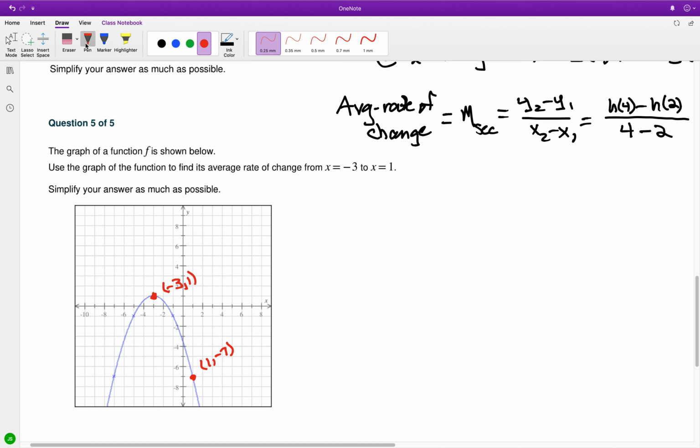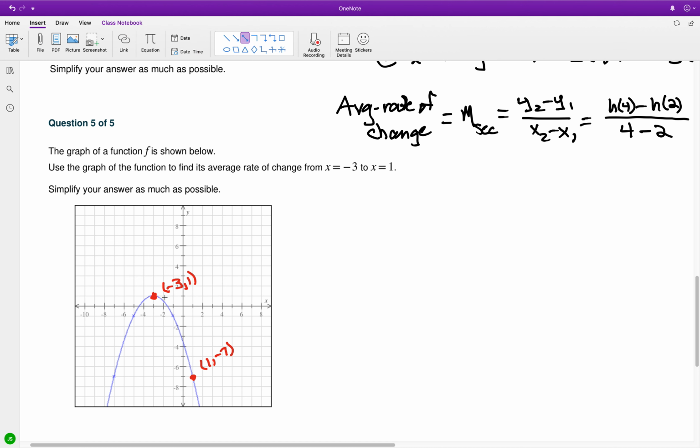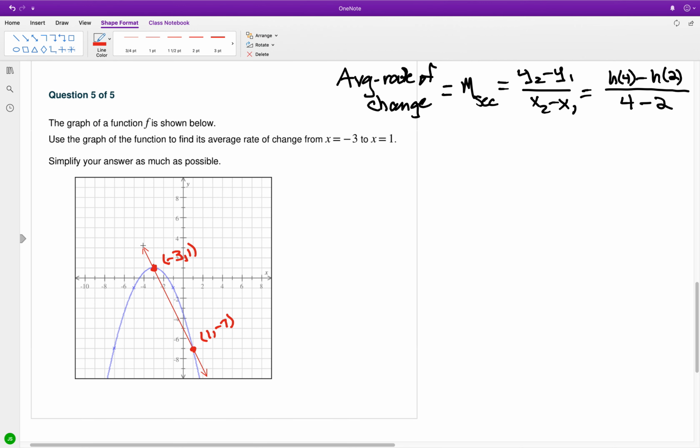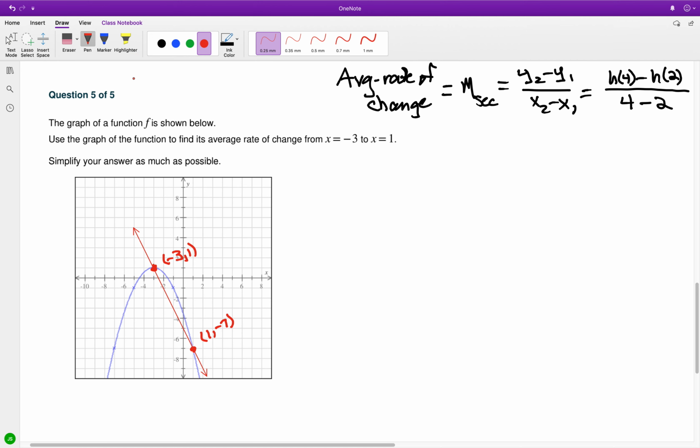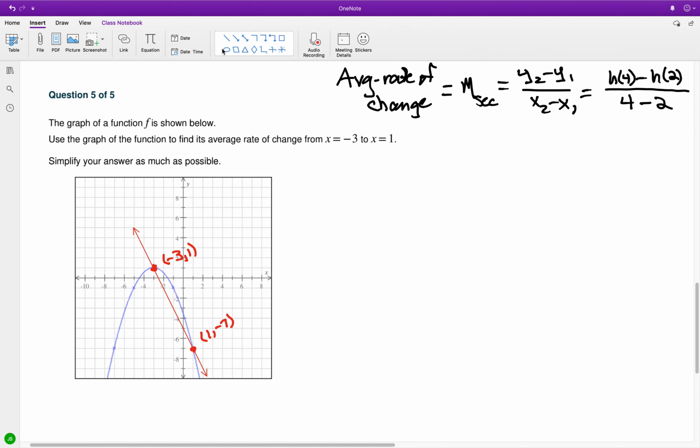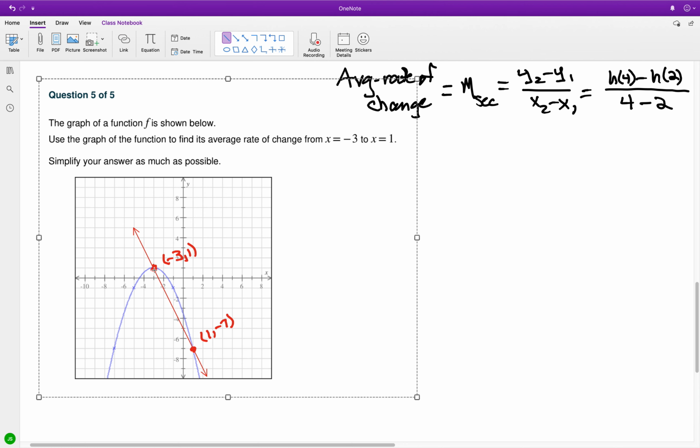Okay, and if I were to connect the dots, for the average rate of change, I'll throw this in, you could use the slope formula.